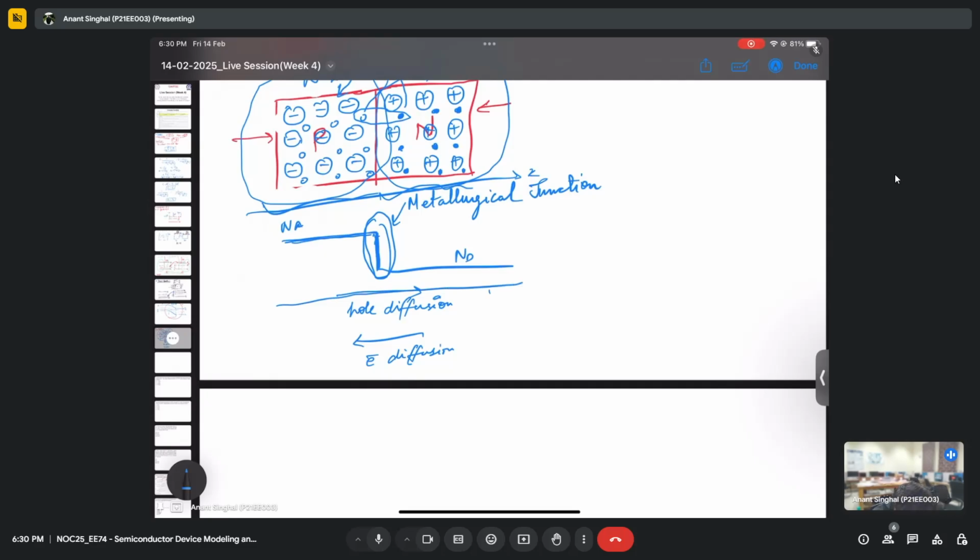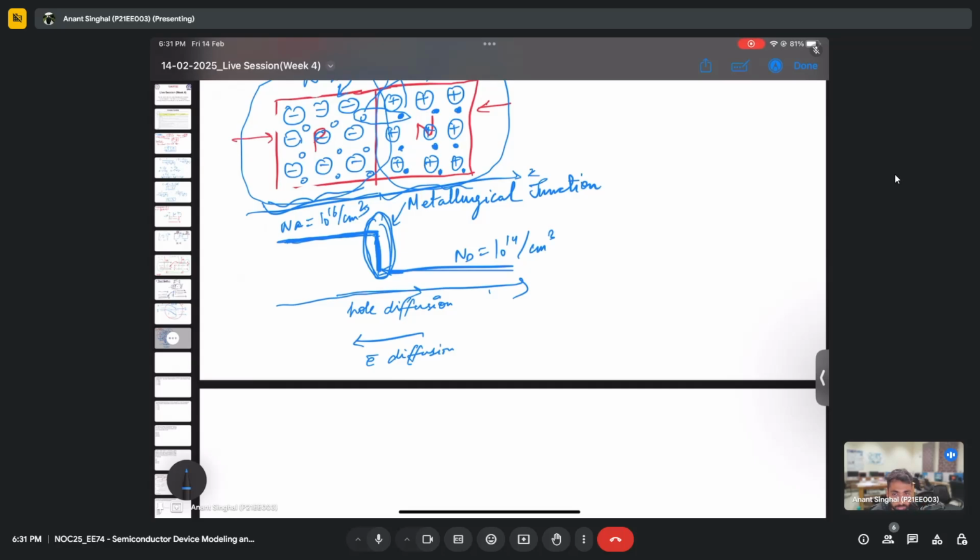With respect to position, we will have some Na doping in this material. So it is constant for the p type Na, and it is constant, let's say some value of Nd, for the n type. What I'm trying to represent here is that there is a concentration gradient in between. So this will be, let's say, 10 raised to the power 16 per centimeter cube of acceptor ions, and this is, for example, 10 raised to the power 14 per centimeter cube of donor ions.